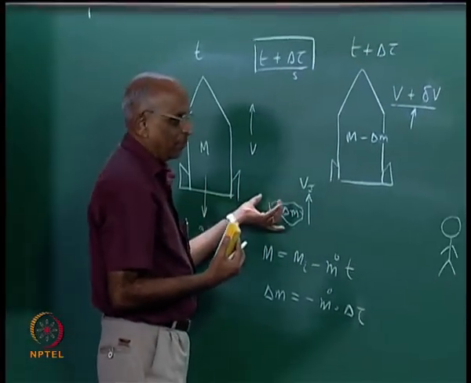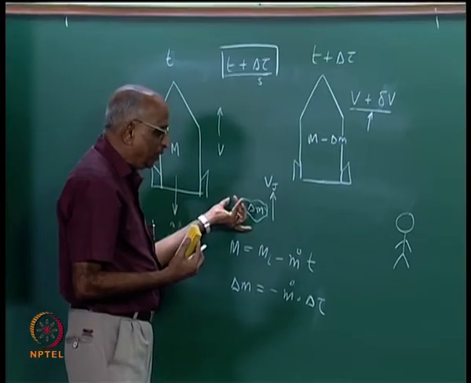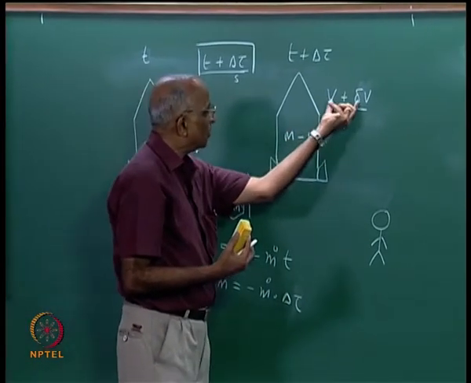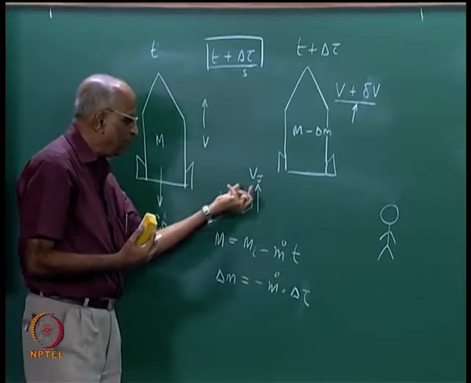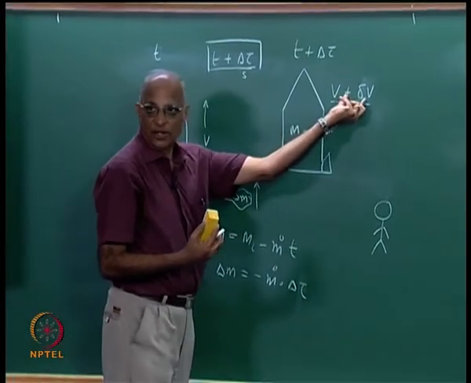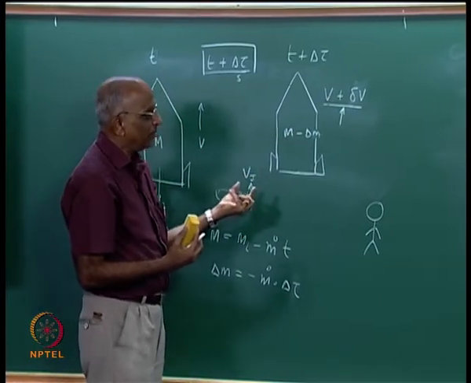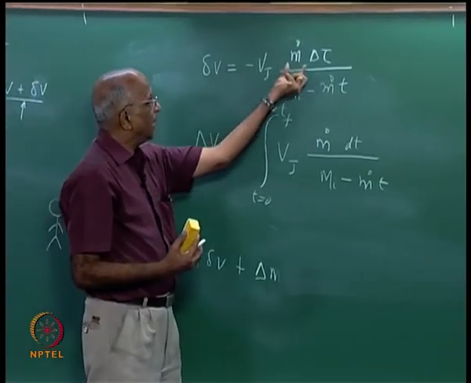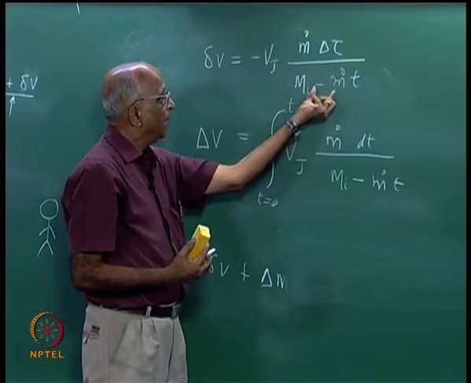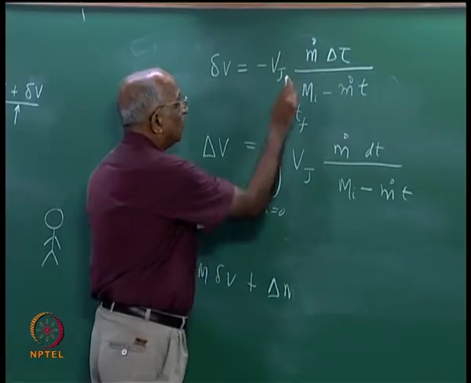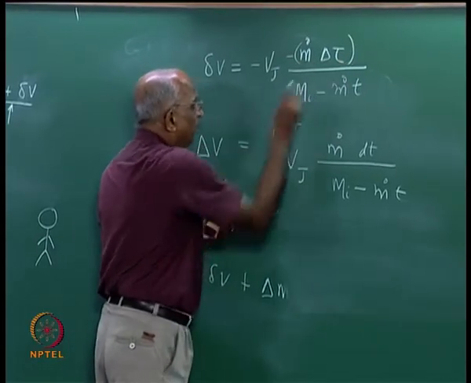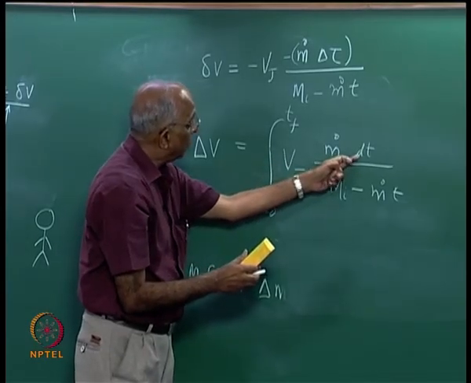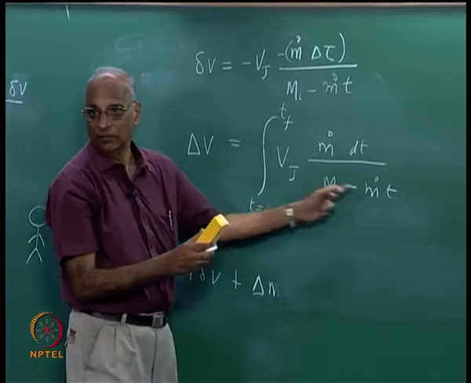We took the momentum equation, and we balanced mv with m minus delta m into v plus delta v plus delta m into Vj plus v plus delta v, and then we got an expression which gave us delta v equal to minus Vj into delta m divided by m, and we find delta m is equal to minus of this particular expression, and therefore, we got it as Vj m dot d tau into mi minus m dot t.